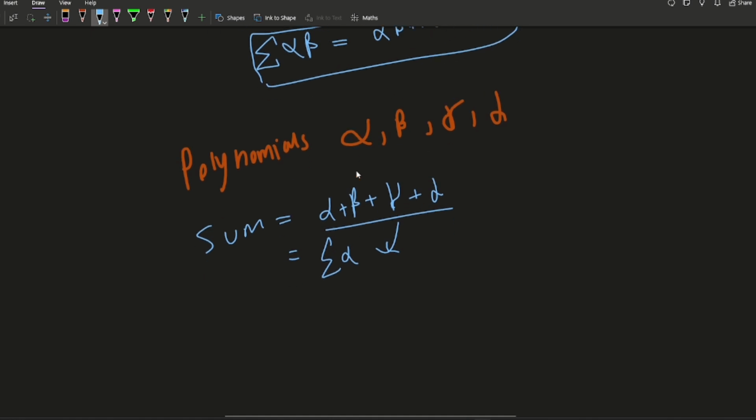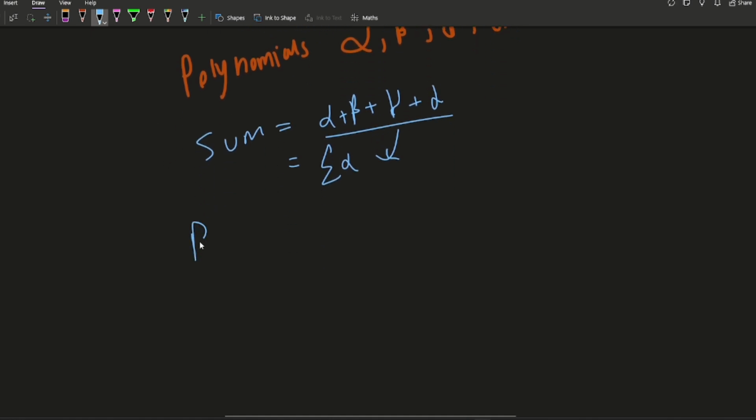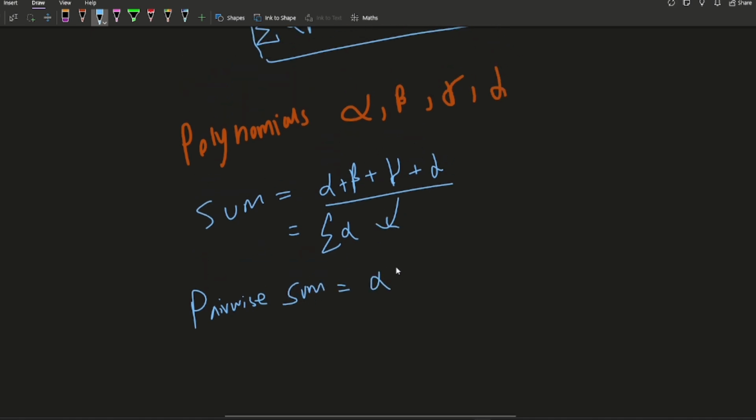Now for the pairwise sum for this polynomial, which would be alpha beta plus alpha gamma plus alpha delta plus beta gamma plus beta delta plus gamma delta.